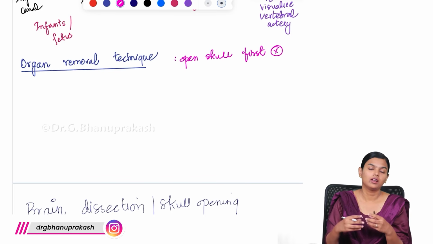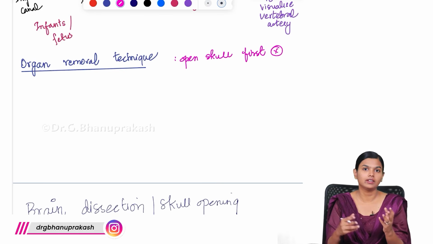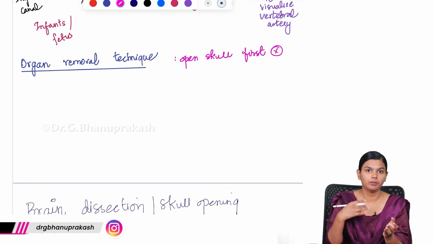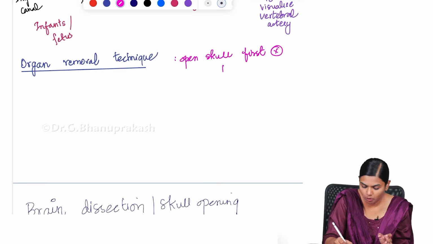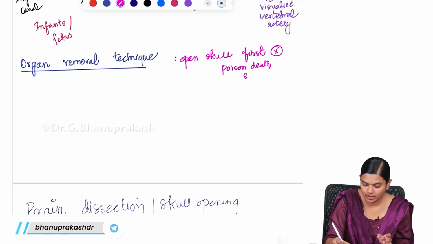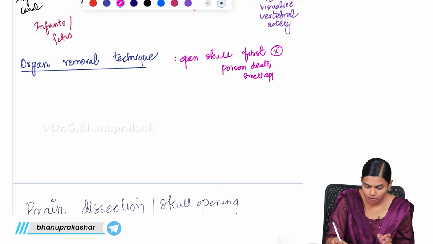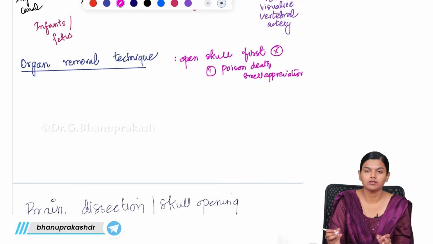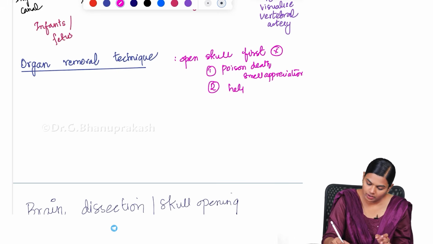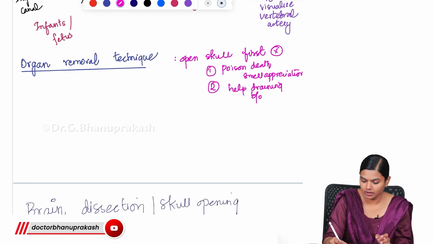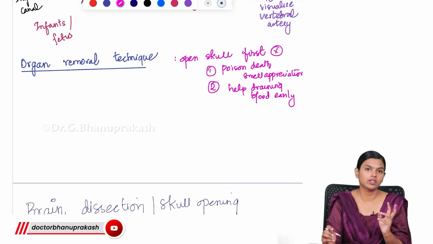If you open the skull first, the smell will come out of the brain, so especially in poison deaths, you will be able to appreciate the smell more. We usually open the skull first, and this opening of the skull will also help in draining the blood easily. So this is why we open the skull first.